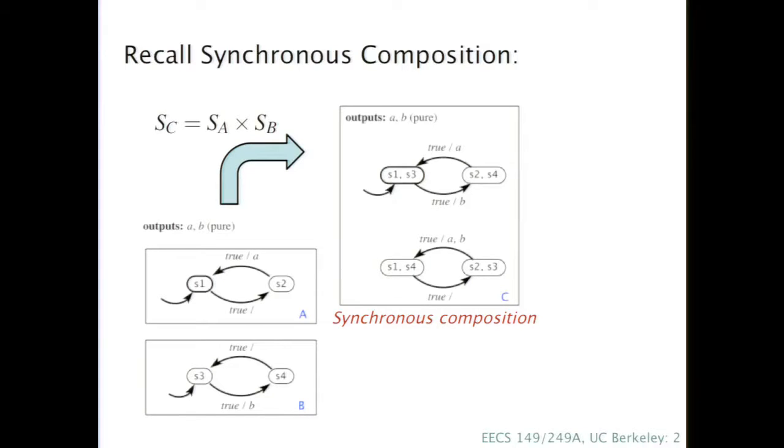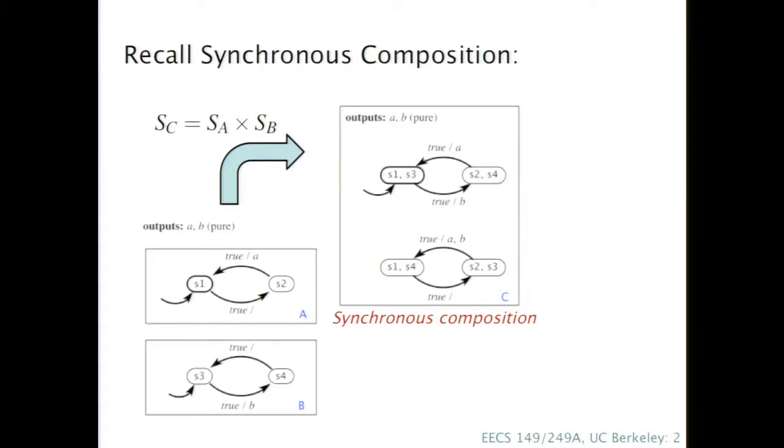If you have two state machines, this one has some number of states, this one has some number of states, then the total possible state space for the composition machine is the product of those two state spaces. So in this case, 2 states here and 2 states here gives us 4 states there. Just forming the product space tells you why this is a powerful methodology, because you can describe complex systems with lots of possible states using state machines that don't have very many states, right?